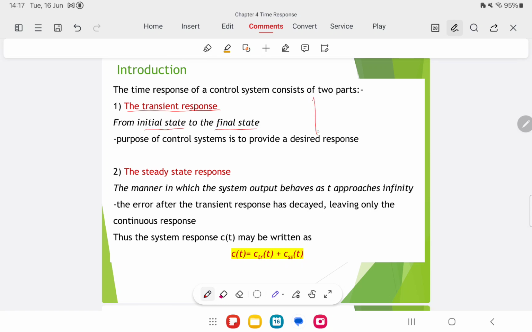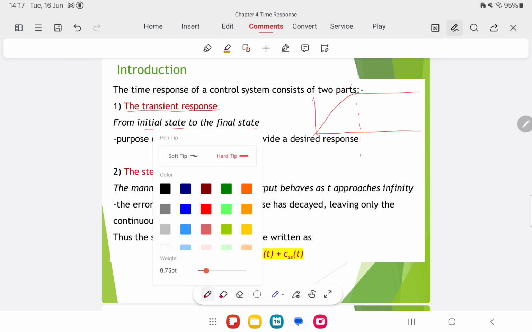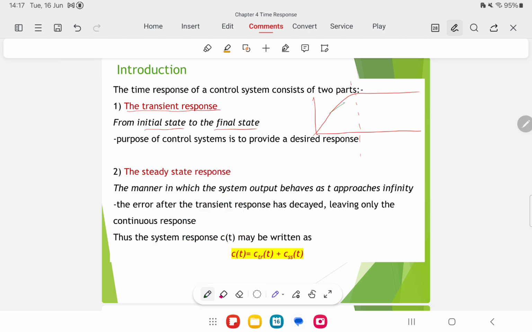For example, if we have satu system, so this is the characteristic of the system itself. Okay, so this is the first part adalah initial part yang ni, this one. Okay, masa dia nak start naik tu.